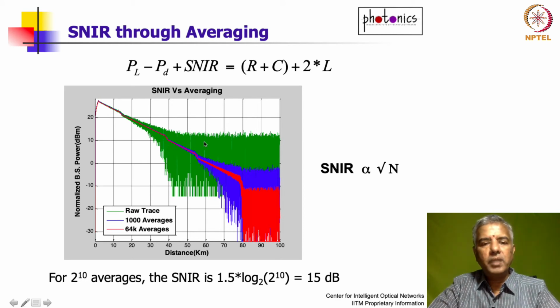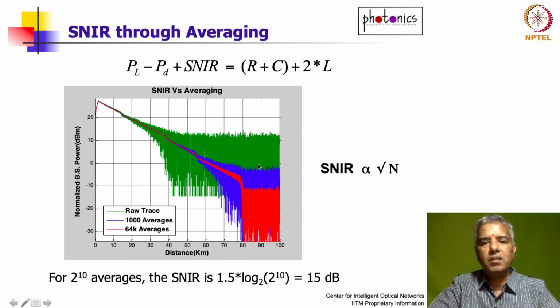But you send further pulses, 1000 pulses, and then you keep accumulating the corresponding traces. This is where the signal processing unit is very important, because it has to synchronize all these functions. And if you do that, that's what you get in the blue trace, 1000 averages. You are able to improve the signal to noise ratio, which means that your noise floor effectively has come down. With 1000 averages, you should see a noise floor improvement of roughly about 15 dB.